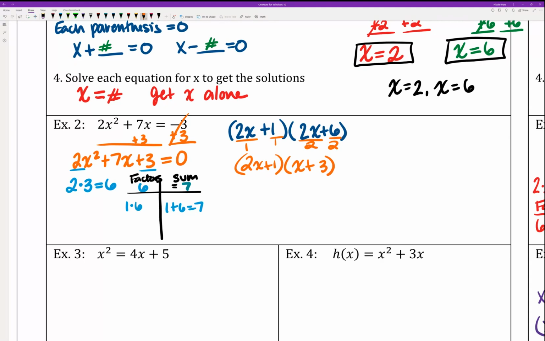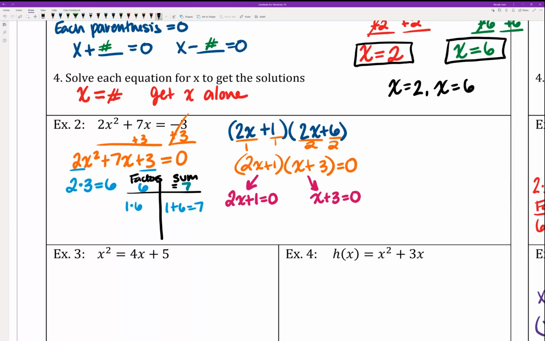So 2x plus 1 and x plus 3 is my factored expression. So we set that equal to 0. And now I'm going to break this into 2 pieces and set each parenthesis equal to 0. So 2x plus 1 equals 0, and x plus 3 equals 0.